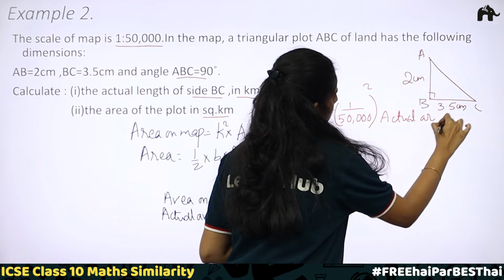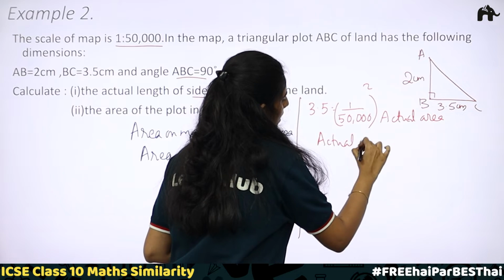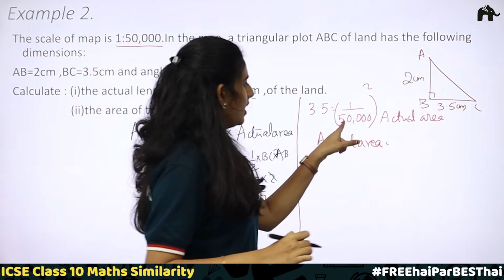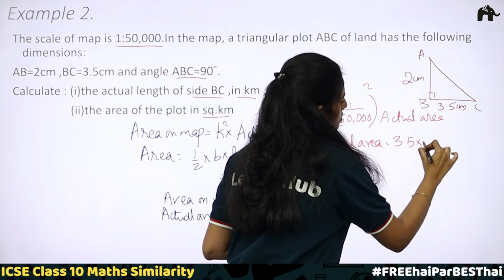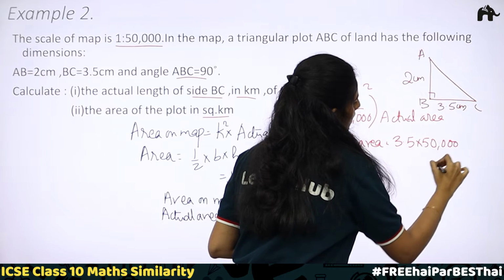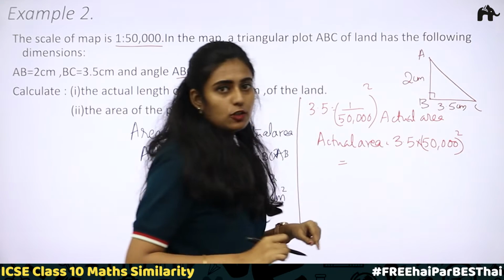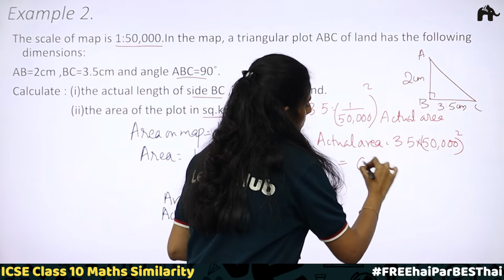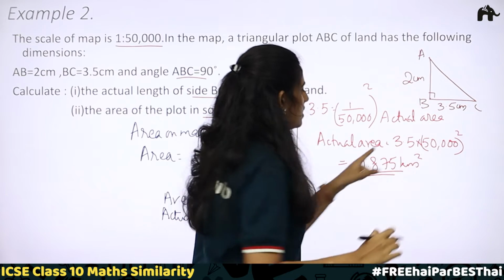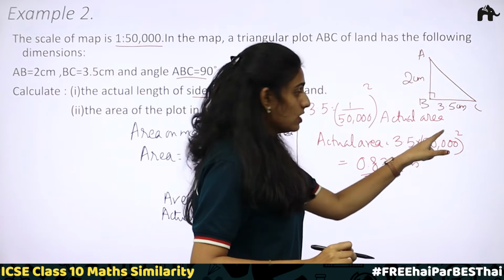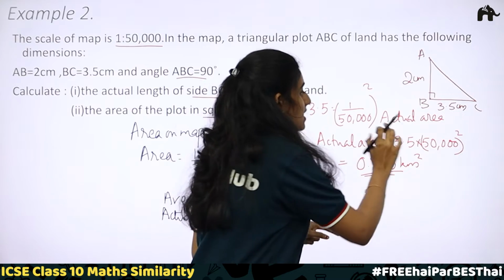Actual area. So, to get the actual area, what can be done? Taking this 50,000 square to the opposite side, actual area is equal to 3.5 into 50,000 square. When you calculate this, you will get an answer which is in centimeter square.